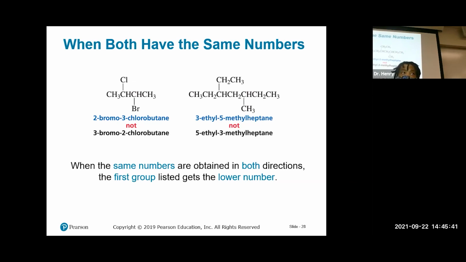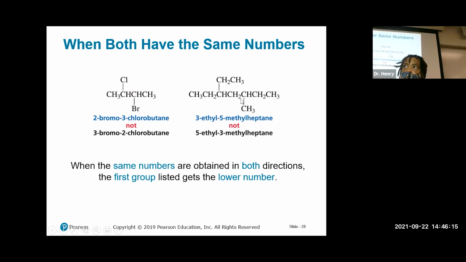Okay, because we're looking at the whole numbering system. Did you look at the whole numbering system? If we went the other way, it was 2, 4 versus 2, 3. Isn't 3 less than 4? Do you see the difference between the two? The reason why this guy has 3 is that these guys are both at 3, depending on where you started from.